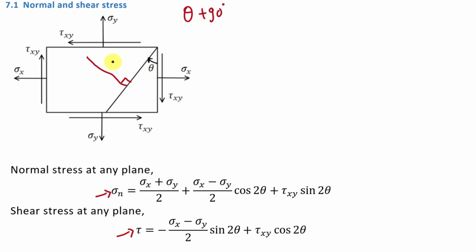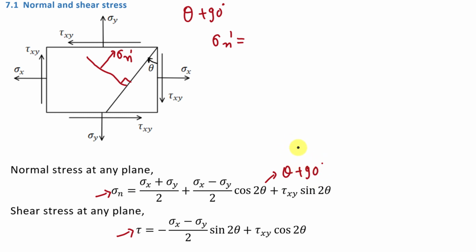And let's say we want to find the normal stress in this plane. So here the normal stress in this plane will be perpendicular to this direction, right? And let's say it is sigma n dash. So to find sigma n dash, we have to take theta equal to theta plus 90.